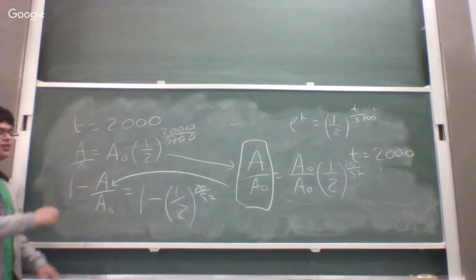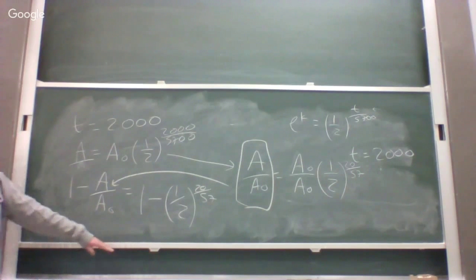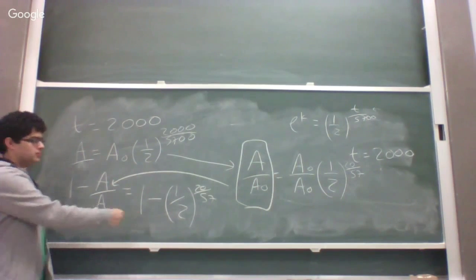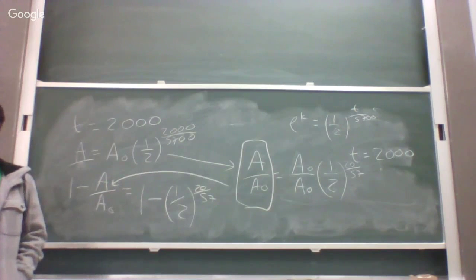Any questions on this problem? I can guarantee this will be on the exam, or a version of this problem. Do they give you what A naught is and stuff?